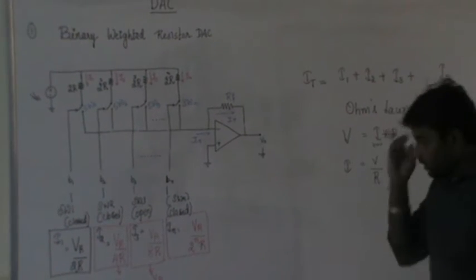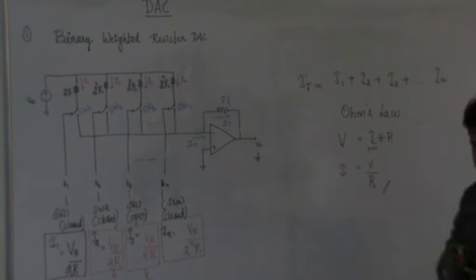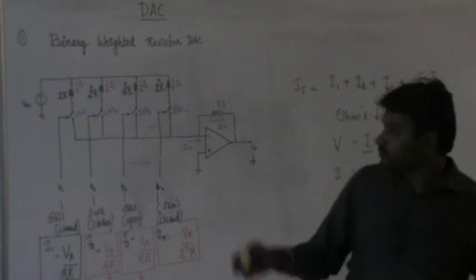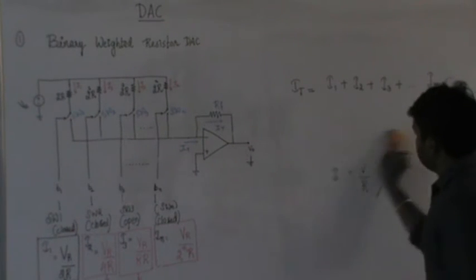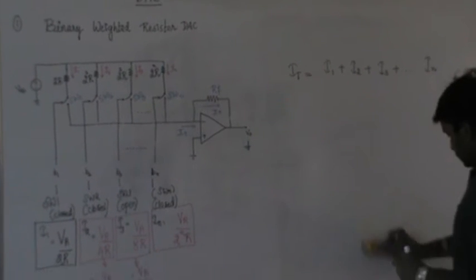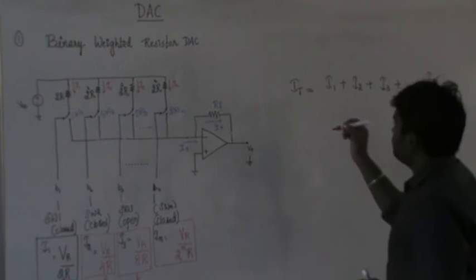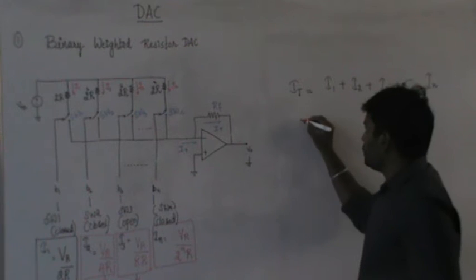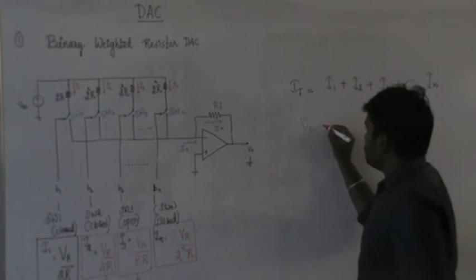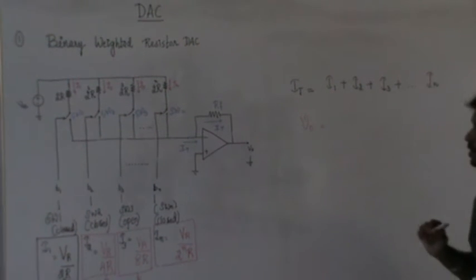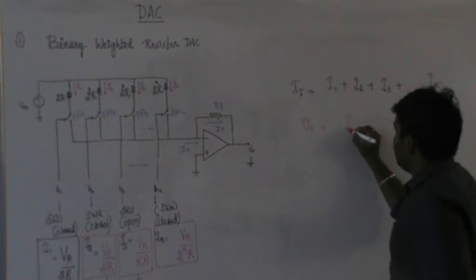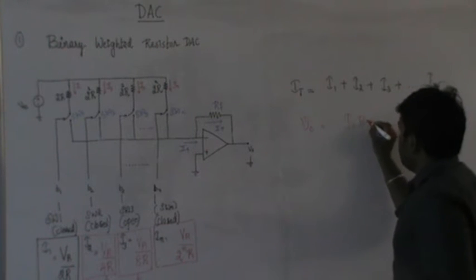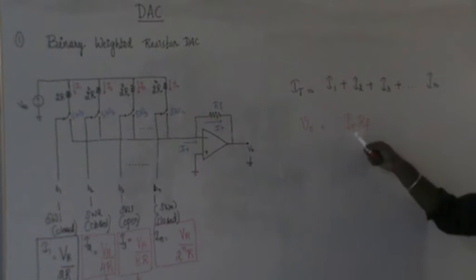Now, I want to derive this voltage equation. So V naught is equal to, from Ohm's law, I can write it as IT into RF. Why am I writing it as IT into RF?